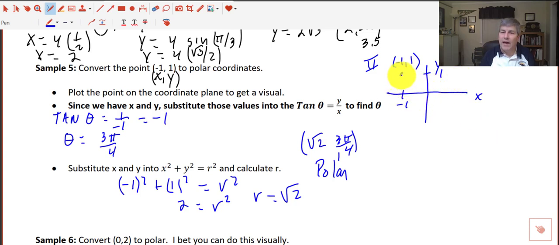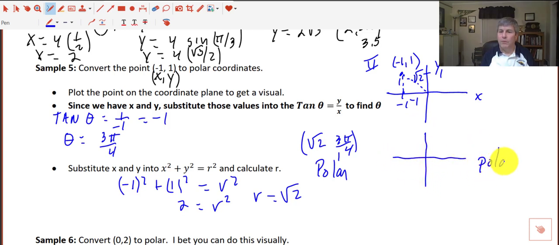If we go back to our triangle here, this is -1 unit on the x and 1 unit on the y. This is a 45, 45, 90 right triangle, which corresponds to our 3 pi over 4 radians, with sides x, x, and x root 2. So it totally makes sense that our directed distance is the square root of 2.